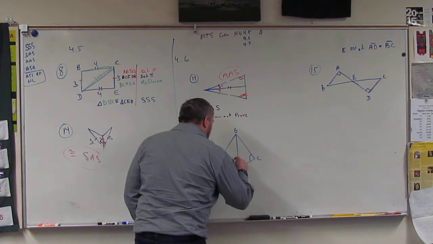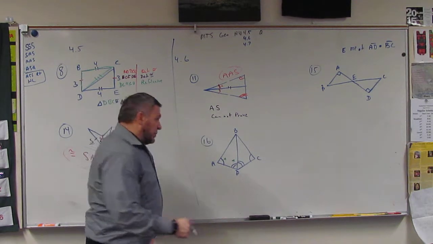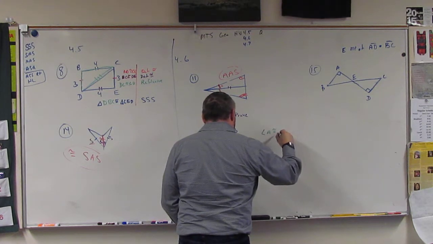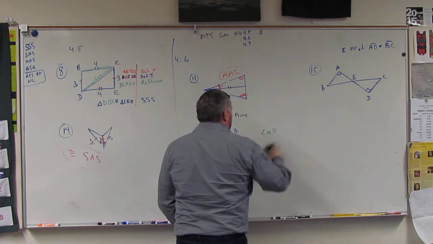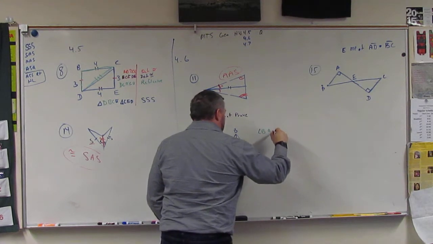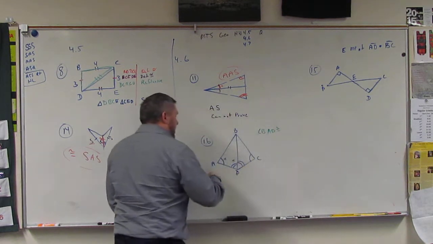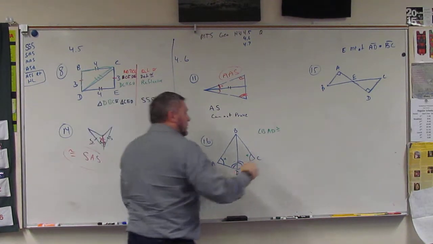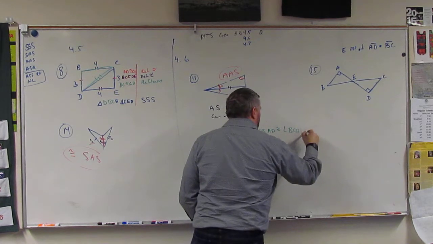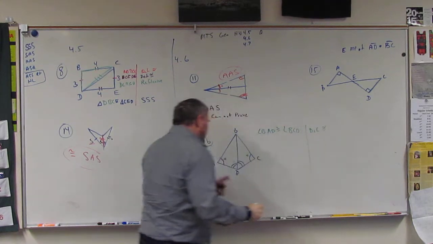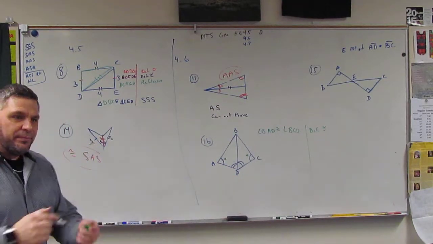So we can say that angle A, well, technically you would have to call this angle BAD, is congruent to angle BCD. Definition of congruency, because they show that they're congruent, right?